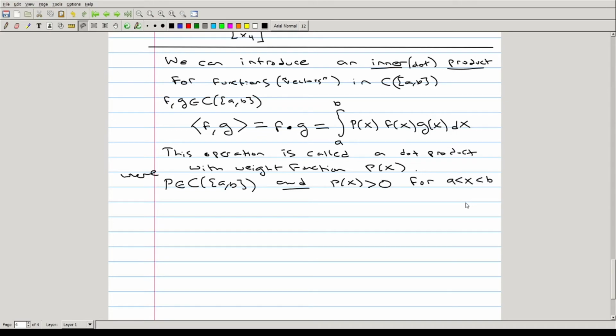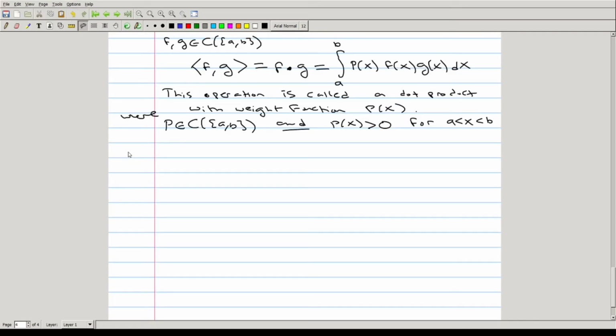And this is just a little bit of generalization that we'll end up using later. But for all intents and purposes, this gives us a dot product, an inner product. And it gives us all of the properties that we expect from a normal dot product.